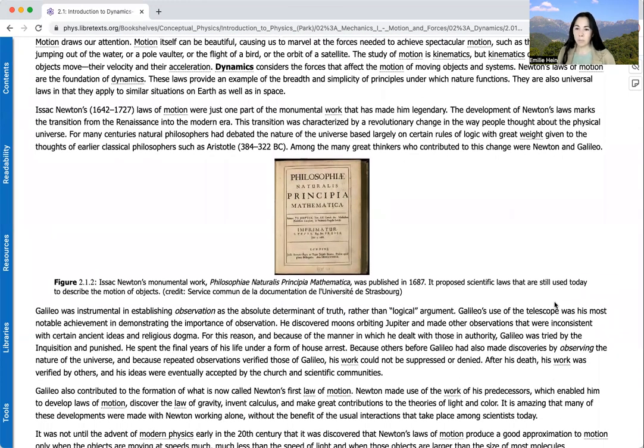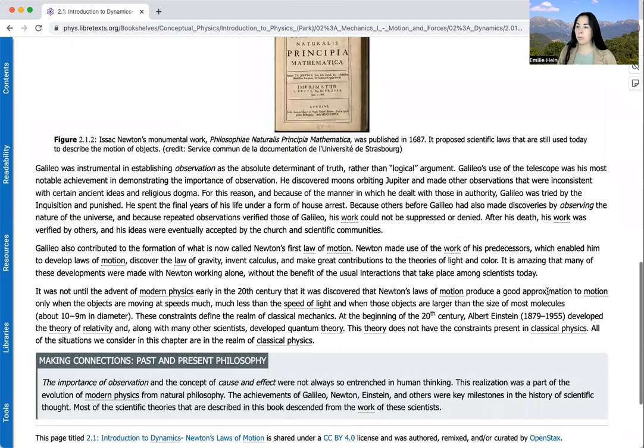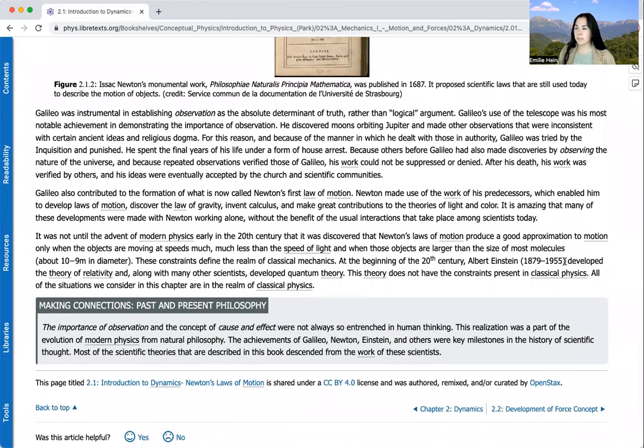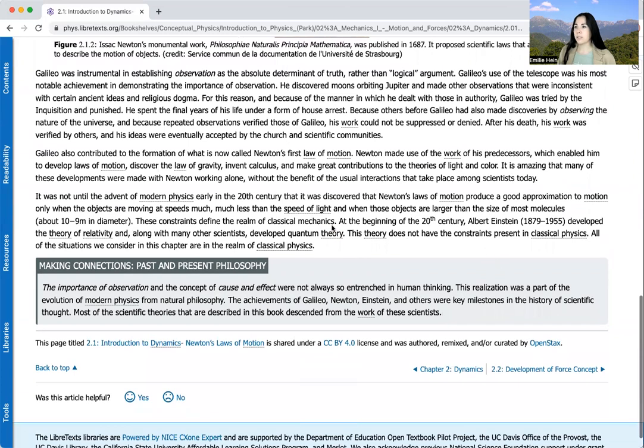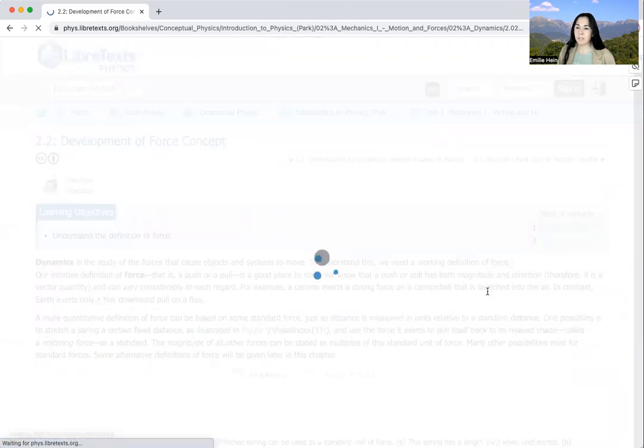So it's important that you have these concepts down to explore chapter 2. Okay, so there's a bit of historical context, and then you can see it even starts going into modern physics a little bit.